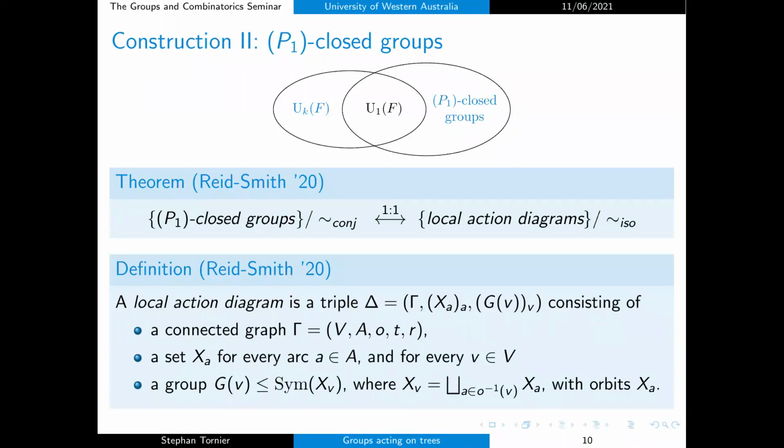That's a set X_V. And I want a permutation group on that set which has orbits precisely the X_A coming from the arcs. Okay, let's absorb that for a minute. So I have this graph. Every arc has a set, and every vertex has a permutation group whose orbits are precisely the sets that I see on arcs coming out of that vertex. That's called a local action diagram.